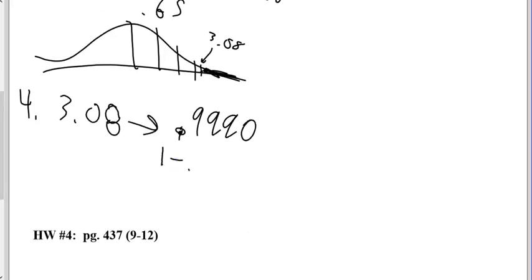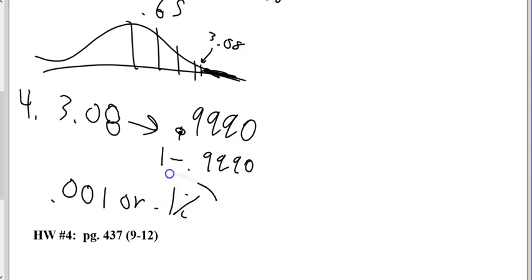We do 1 minus 0.9990, and that gives us 0.001, or 0.1%. Not 1%, 0.1%. And that is our likelihood of that.